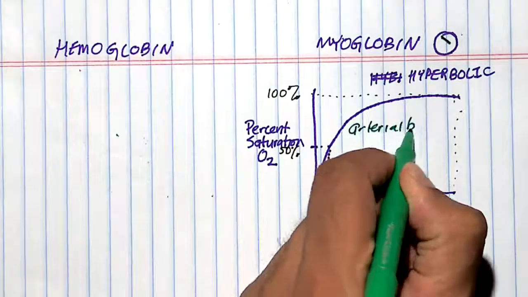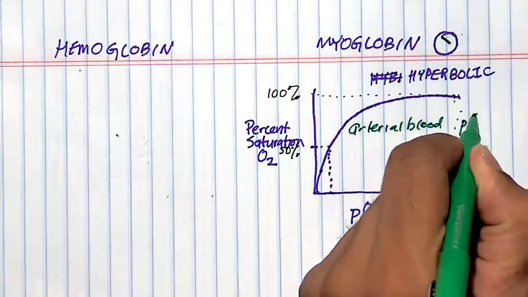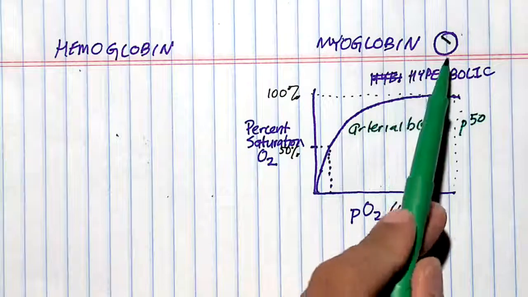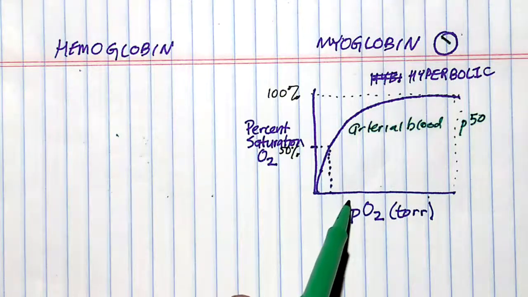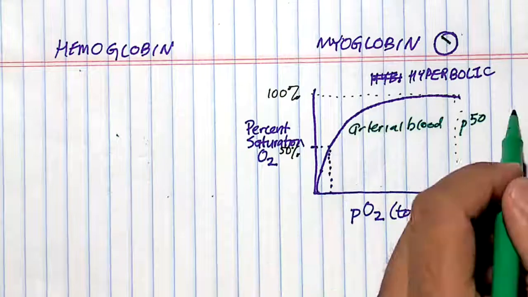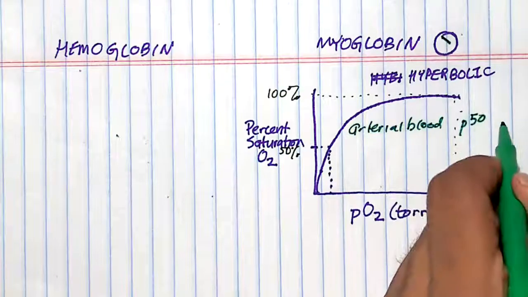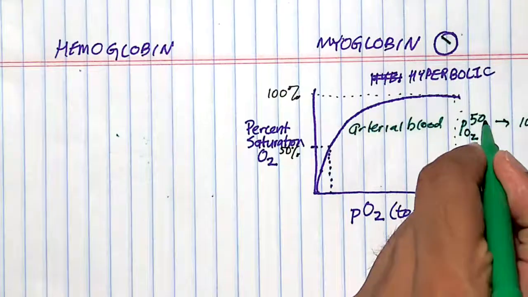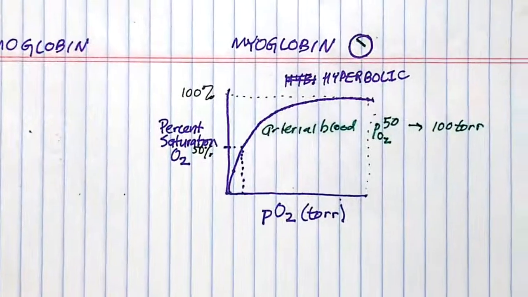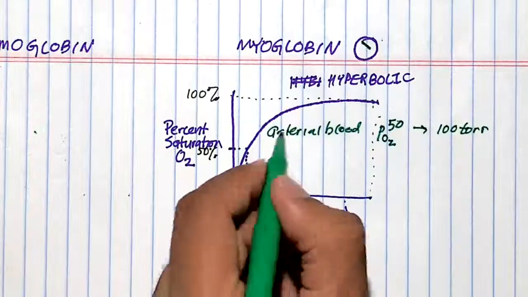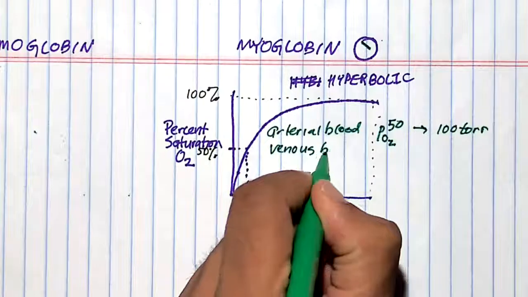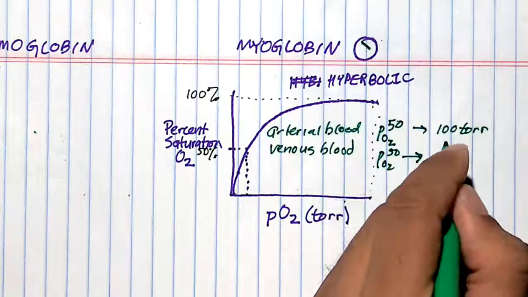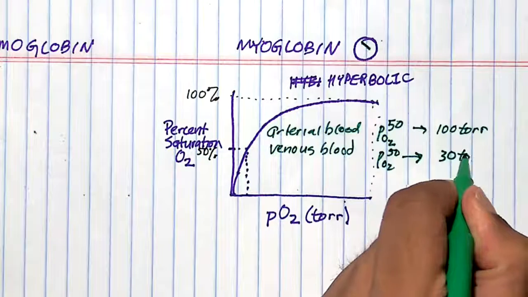For the arterial blood, this P50, when 50% of the binding sites of heme in myoglobin are saturated with oxygen, is going to be 100 torr. So the pressure of O2 for 50% saturation is 100 torr for arterial blood. And for venous blood, the pressure of O2 to get to 50% saturation is around 30 torr.